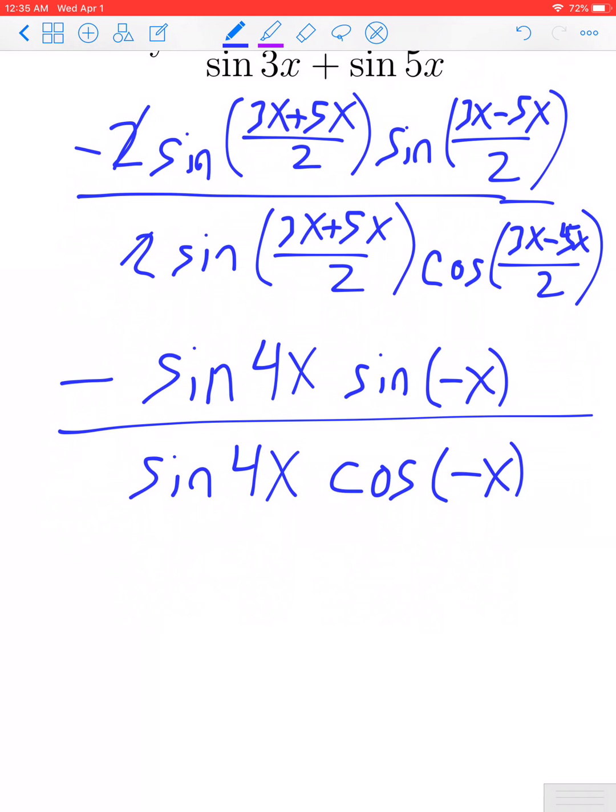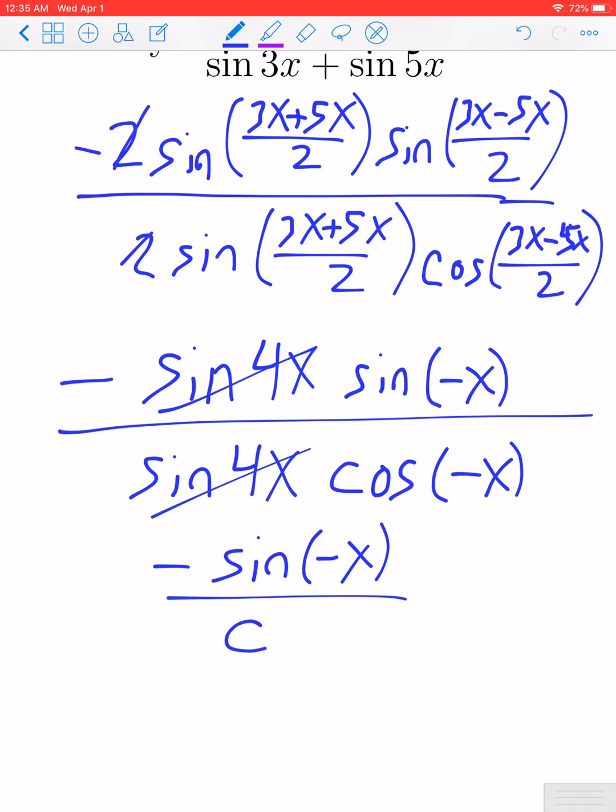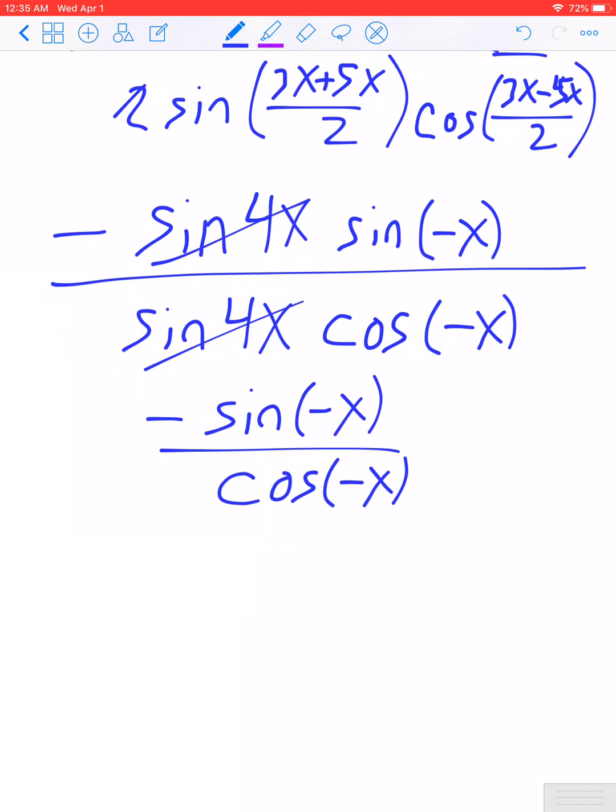From here, one of the things that we notice is we have a common factor in both numerator and denominator. The sine of 4x's cancel, leaving us with the negative of the sine of negative x divided by the cosine of negative x. And now we're almost done.